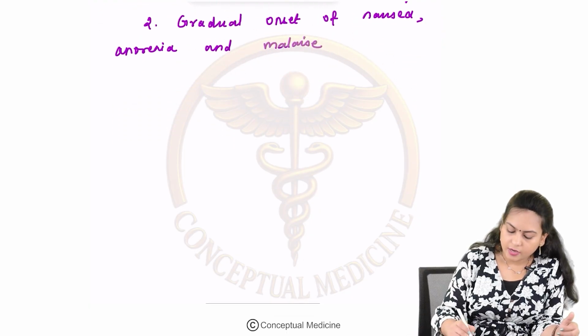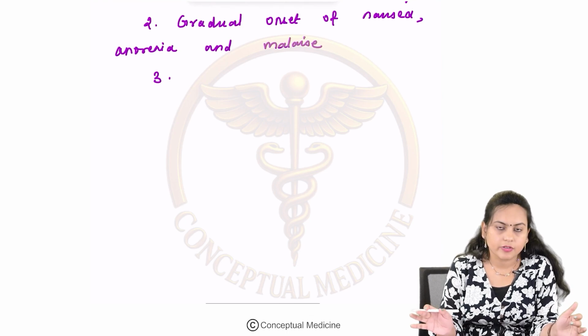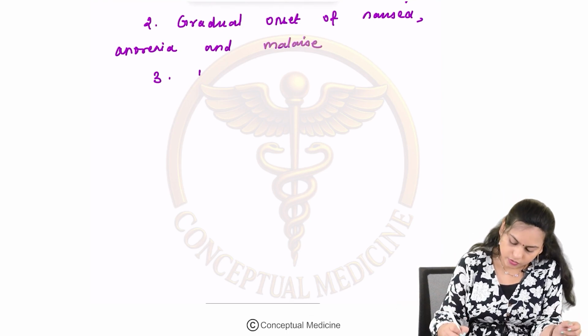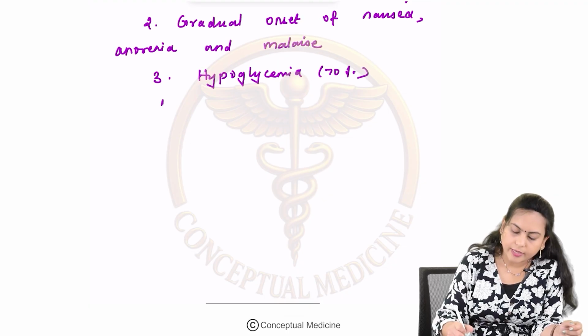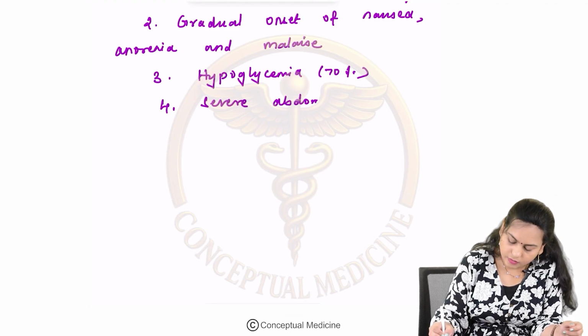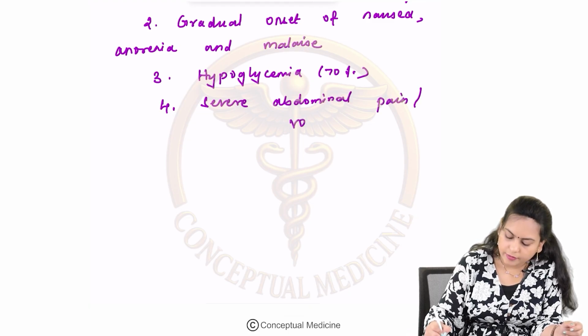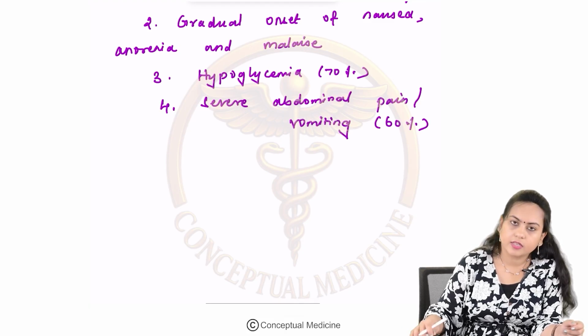Okay, and the most important specific clinical feature you will see in this disorder is hypoglycemia. It is seen in 70% of the cases. Okay, and there can also be severe abdominal pain or vomiting. Okay, so this can be seen in 60% of the cases.